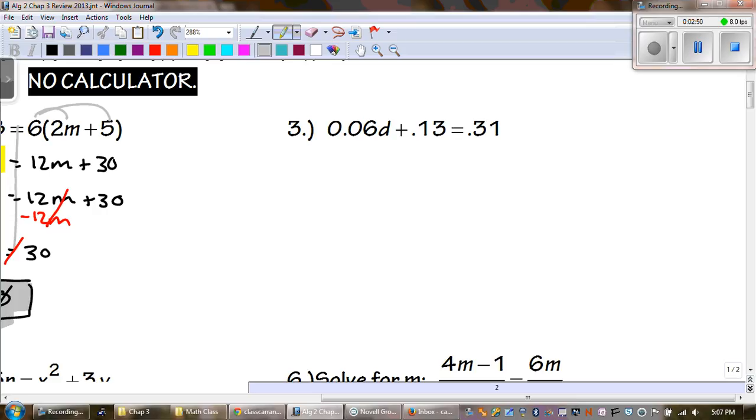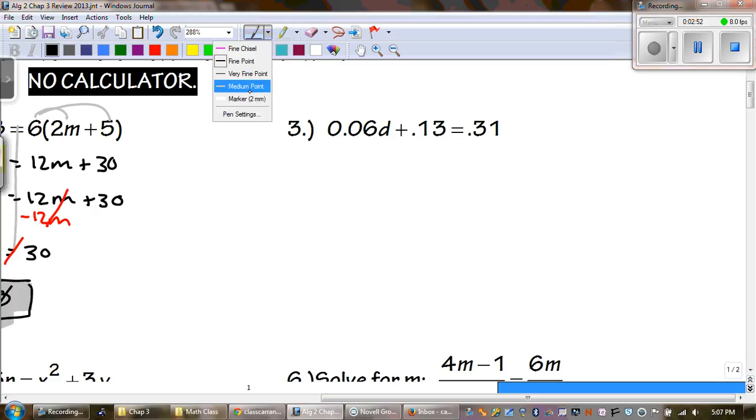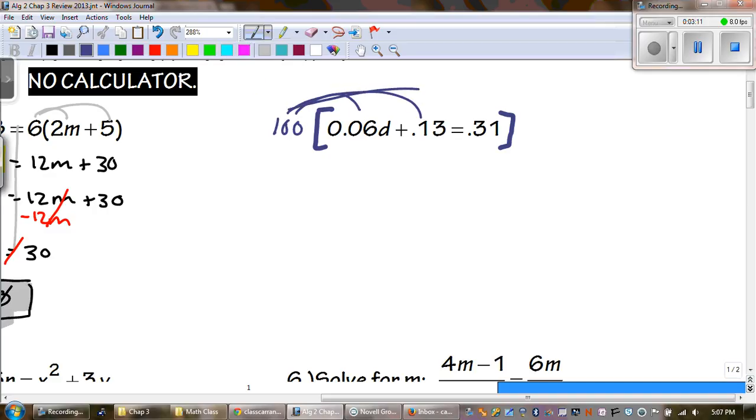Number 3, we want to get rid of the decimals. I don't like working with decimals. I don't know if you guys do or not. So what number can we multiply to cancel everything by? Well, we would multiply by 100. So we have to move everything over 2 decimal places.